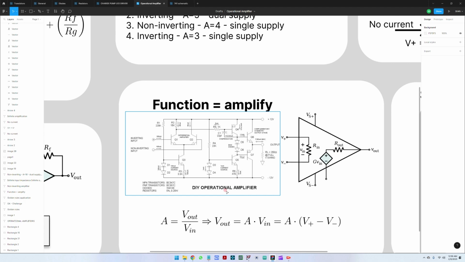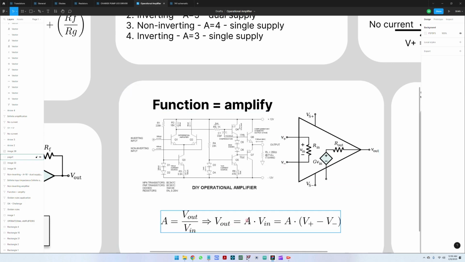So we are discussing here thousands, even tens of thousands of times the input voltage. This means that the amplification, of course, is the output divided by the input. So how much do we amplify the input value?